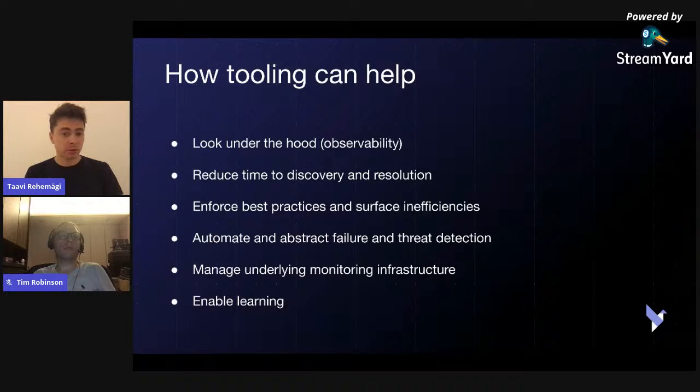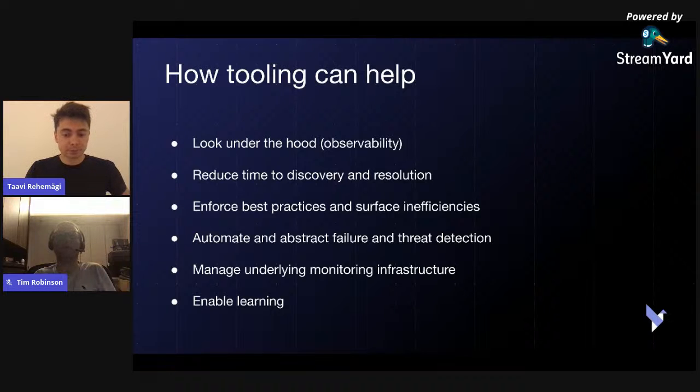In my opinion, what a lot of our users struggled with before was building it yourself, and then you have to manage a lot of the underlying infrastructure. For example, if you're ingesting logs to a log pipeline, then you would need to manage that. If you're building your own alarm systems, then that's also a thing to manage. So I think taking away the management of the underlying infrastructure is really the serverless way, and it's a big boost for teams.